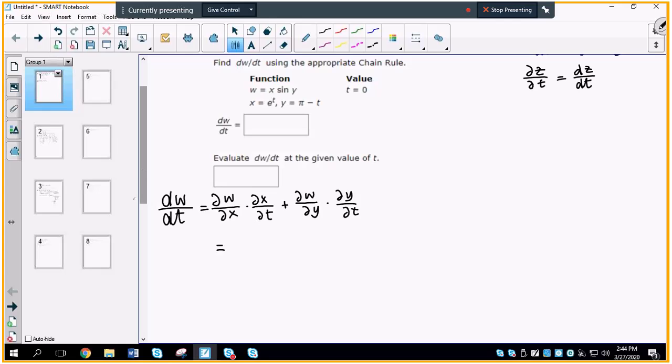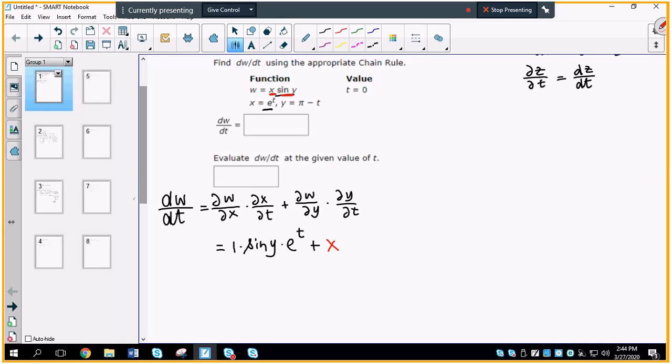Del w del x, well, sine y is constant, so I just get the derivative of x, which is 1, times sine of y, times del x del t, which is derivative of x with respect to t, and that's e to the power t, plus del w del y. Well, this time I'm doing derivative of w with respect to y, so x is constant, and derivative of sine y is cosine y.